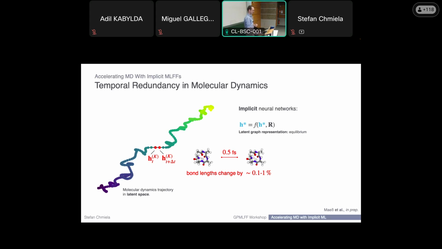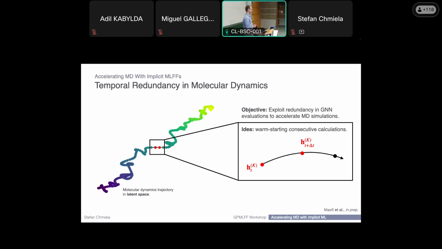This suggests that if we have computed the embedding for one particular graph in an MD trajectory, and it changes only marginally in the next step, then this prior embedding would serve as a very good initialization for the next computation, right?